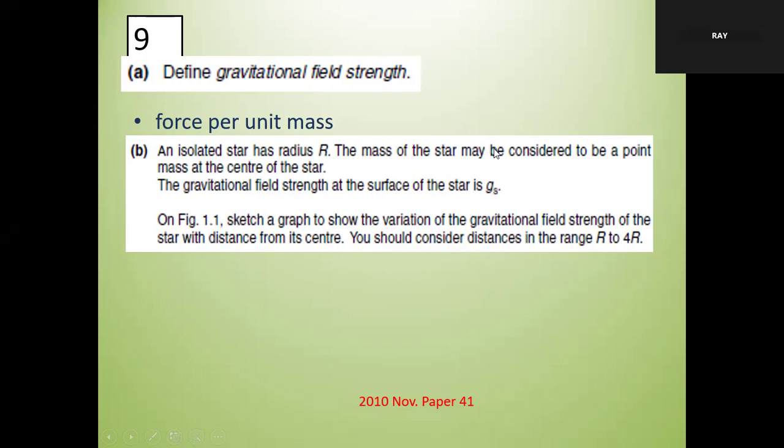The mass of the star may be considered to be a point mass at the center of the star. The gravitational field strength at the surface of the star is Gs. On figure 1.1, sketch the graph to show the variation of the gravitational field strength of the star with distance from its center. You should consider distance ranging from r to 4r.